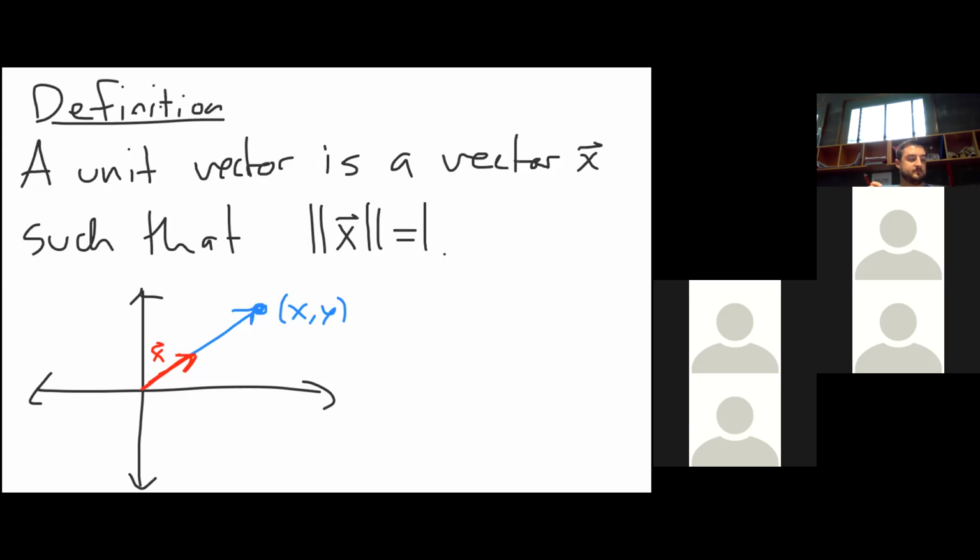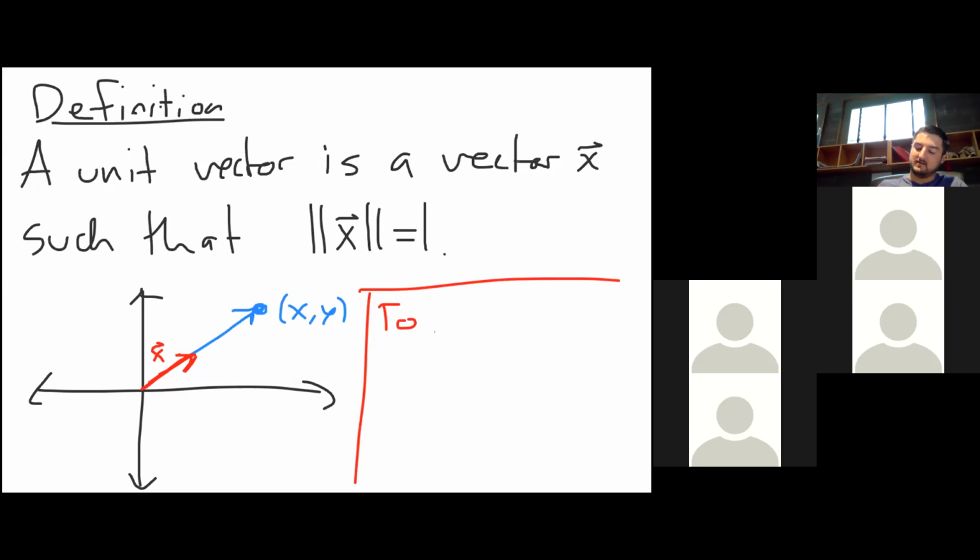And how you do that is relatively simple. I just need to have a length of 1, so I take that vector and multiply it by 1 over its length.